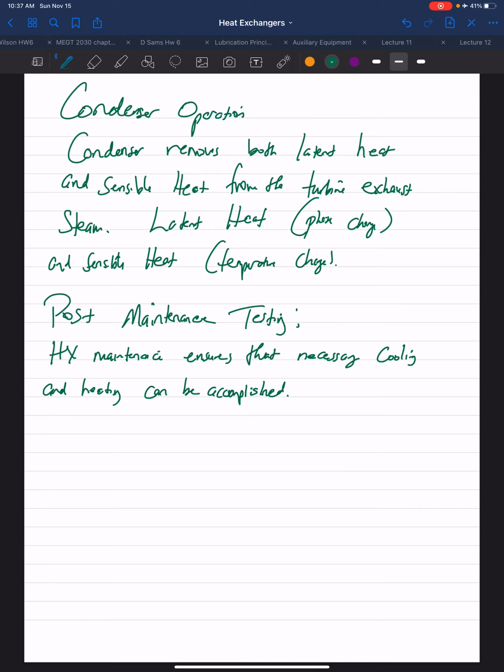So post-maintenance testing ensures that the heat exchangers are ready for operation.